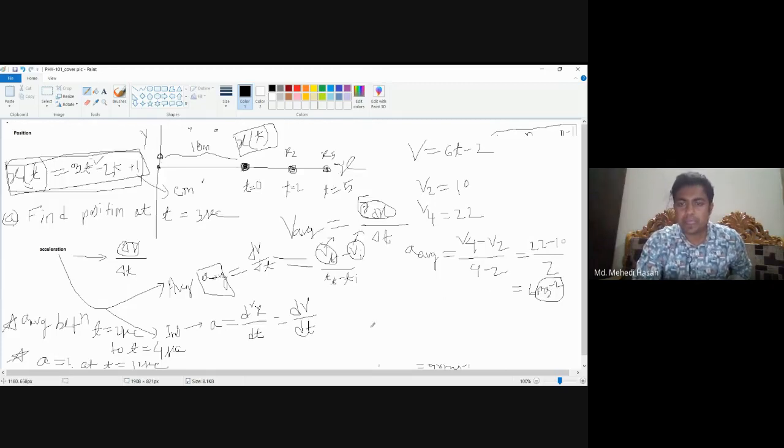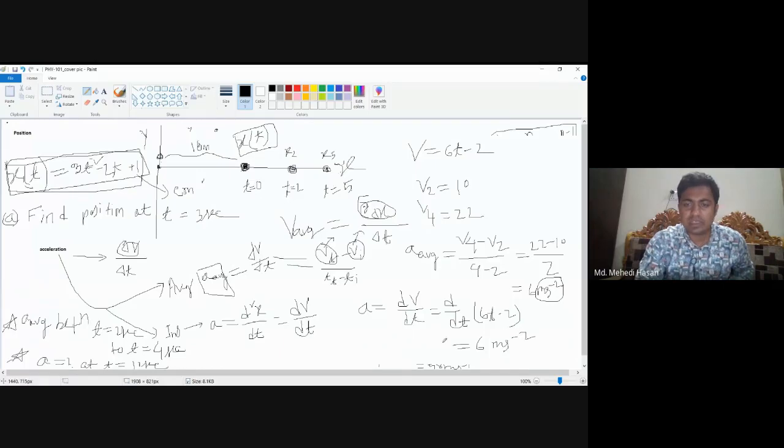Okay, so in case of instantaneous acceleration, a equal to dv by dt. So first order differential of velocity, so 6t minus 2 gives 6 meter per second square. Now the thing is that after differentiating the velocity, the result is basically a number. There is no variable t.